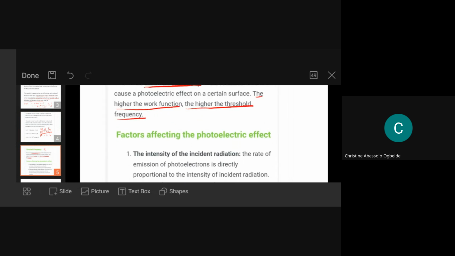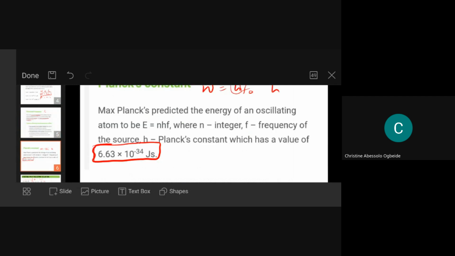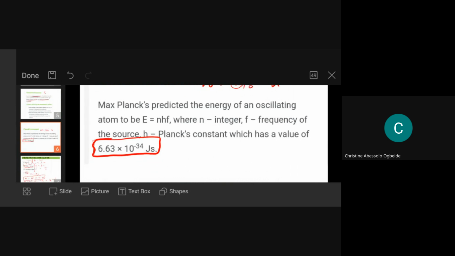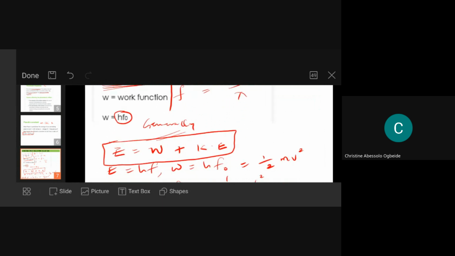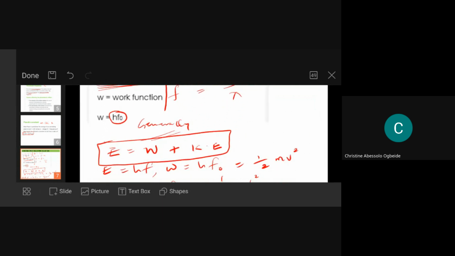I also talked about the factors affecting the photoelectric effect. And then we talked about Planck's constant and Einstein's photoelectric equation, which is the general equation we use in solving problems involving X-rays and questions like that. It is the combination of Max Planck's equation and Einstein's, and it gave us the general equation for the photoelectric effect. And then we also used them in solving problems.